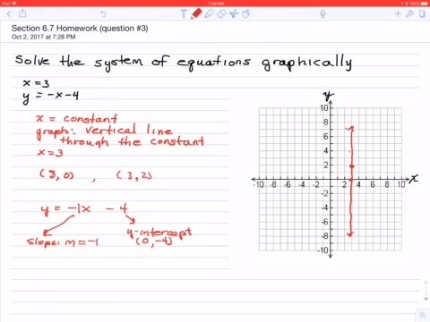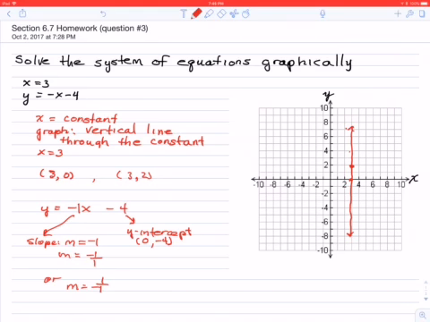Slope is negative 1. Now, I want to express that negative 1 as a fraction. So I could say that m equals negative 1 over 1. That's the same as negative 1. Or I could say that m equals 1 over negative 1.